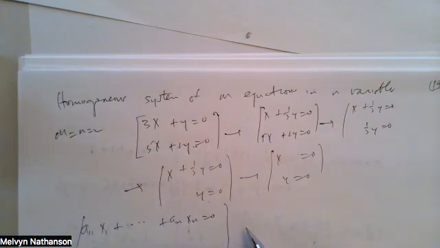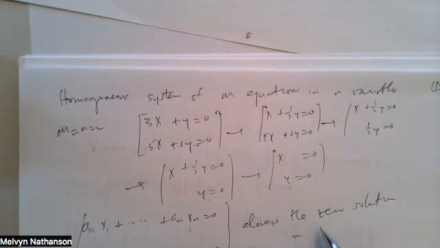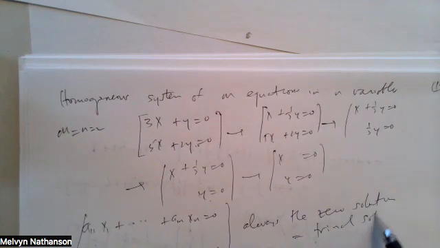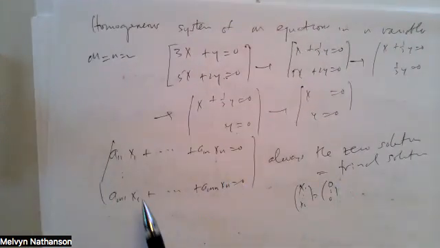If you have this system of equations, this always has the zero solution, which is called the trivial solution, where x1 up to xn is just all zeros, right? Because if you let all the x's equal 0, you just get 0 equals 0. Letting all the x equal 0 is a solution. So a homogeneous system always has the trivial zero solution. But sometimes it has a non-zero solution, a non-trivial solution.